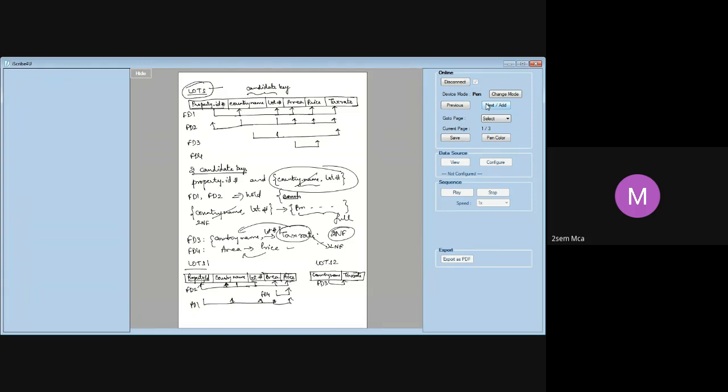So now, according to this definition, in lots 1 we have removed the attribute tax rate that violates 2NF. So now both lots 1 and lots 2 are in second normal form. This FD4 does not violate second normal form, because there's only one attribute on the left hand side, nothing to check. So that is not violating and it is carried over to lots 1.